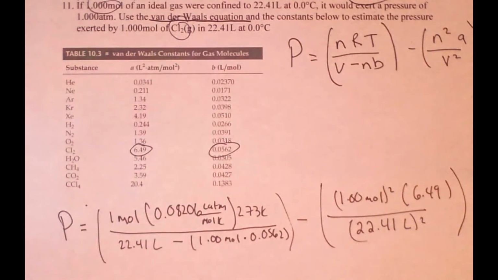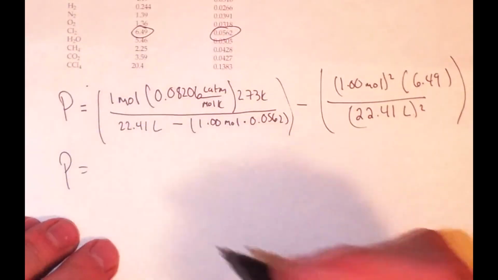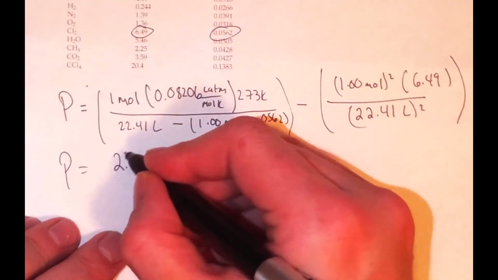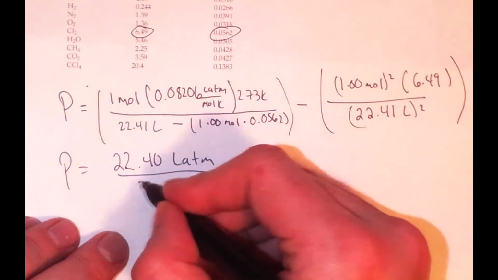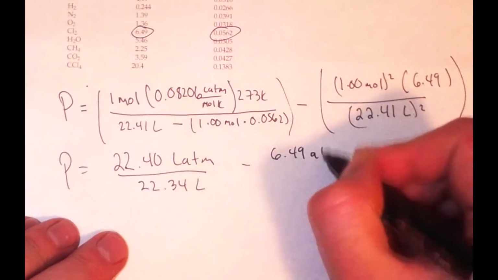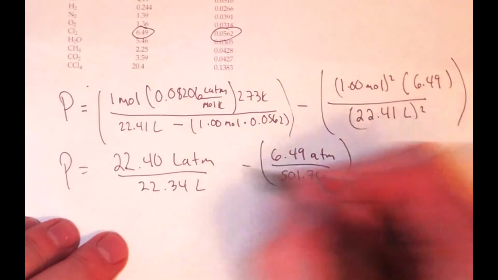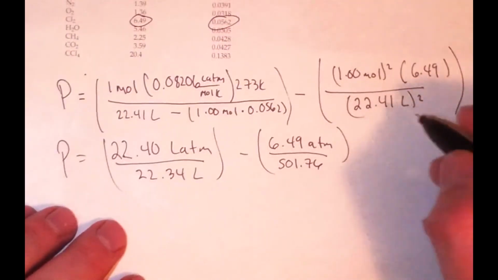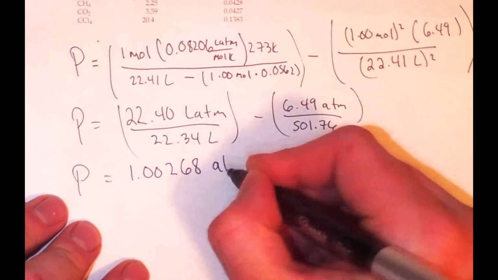So basically, at this point, it's just a matter of going through and trying not to do it all at once in your calculator, because that generally leads to mistakes. So you just start boiling it down, simplifying it. Trying to keep the units straight through the whole thing can be challenging. Pressure is equal to 1.00268 atmospheres.